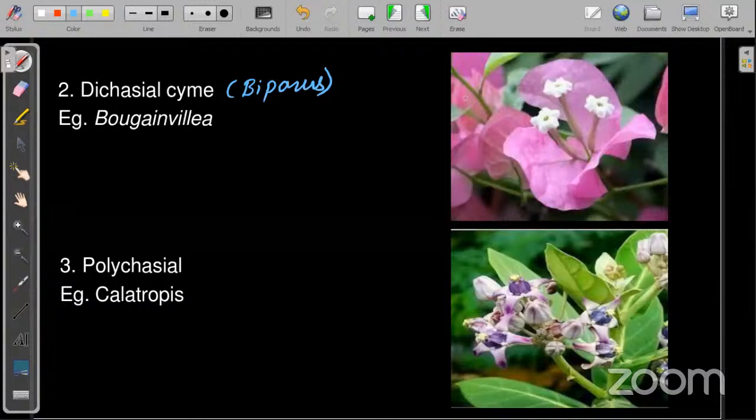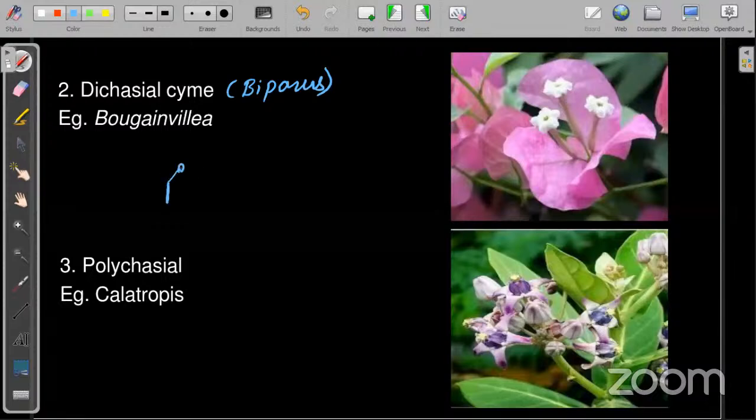So, what is meant by dichasial cyme? In case of dichasial, it is also known as the biparous. The peduncle bears a terminal flower and stops growing at the same time. It produces two lateral younger flowers like that. This is the peduncle.